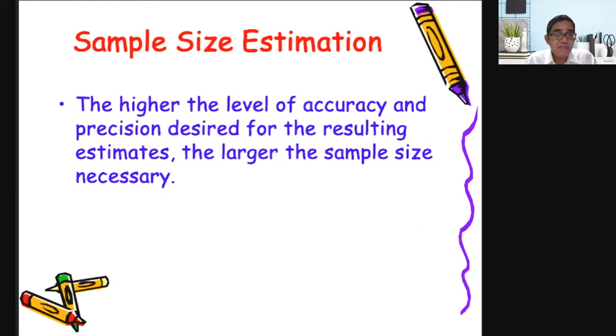The higher the level of accuracy and precision that the investigator desires for the resulting estimate, the larger the sample size. And later on, we'll show you that if we increase the level of precision or accuracy, the larger the sample size will be.